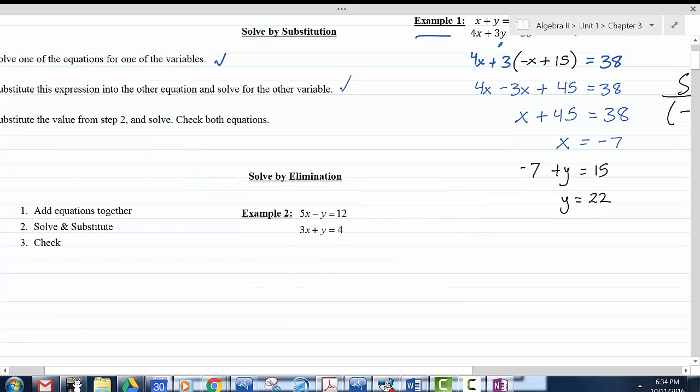When we solve by elimination, it's pretty much just adding the equations together. I like to keep it as adding the equations together, not adding or subtracting, because I don't want to mix the signs up.